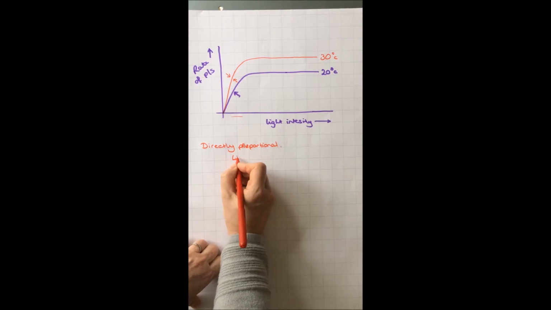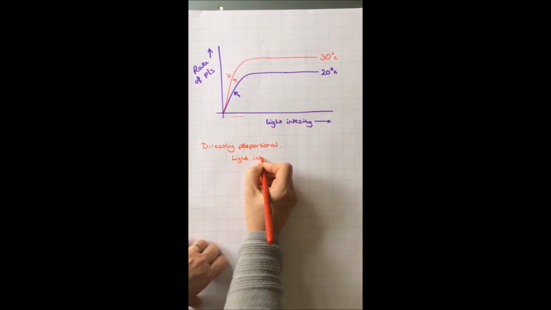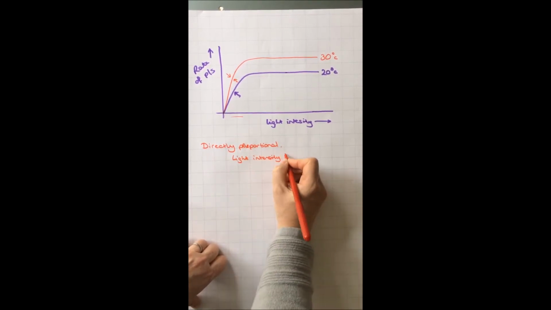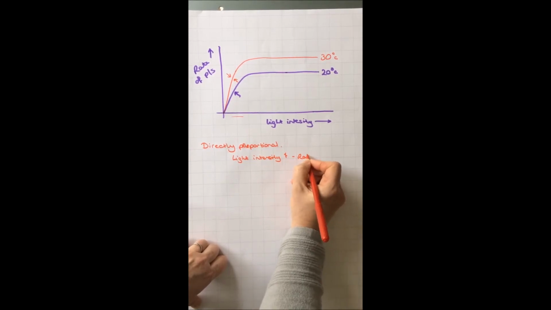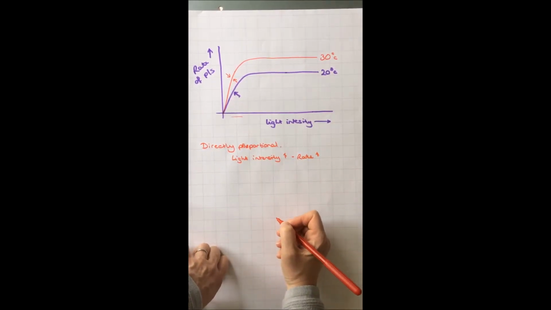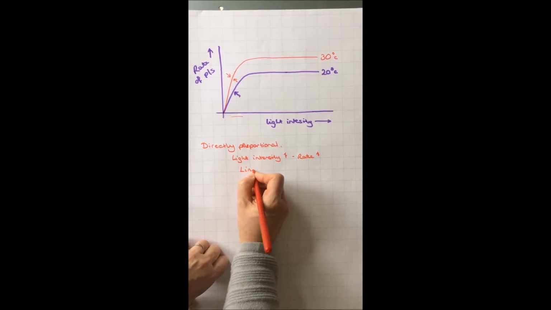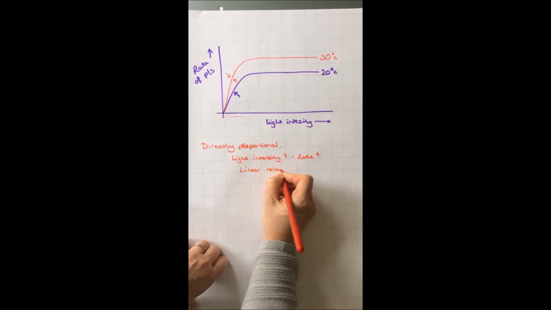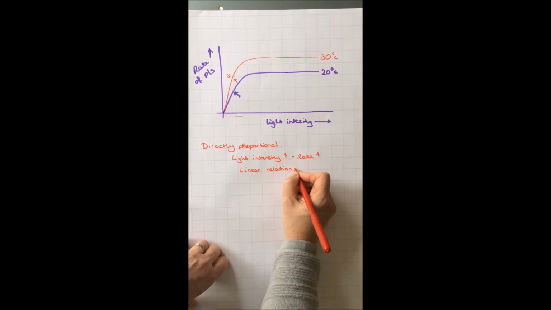So as light intensity increases, so does the rate. And so we have a linear relationship between these.